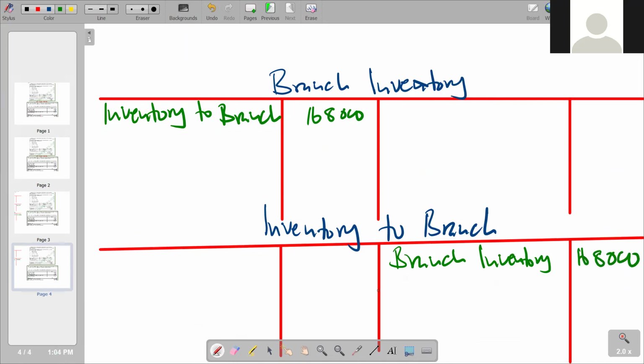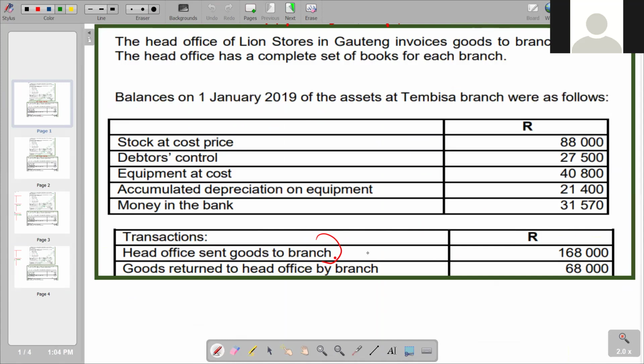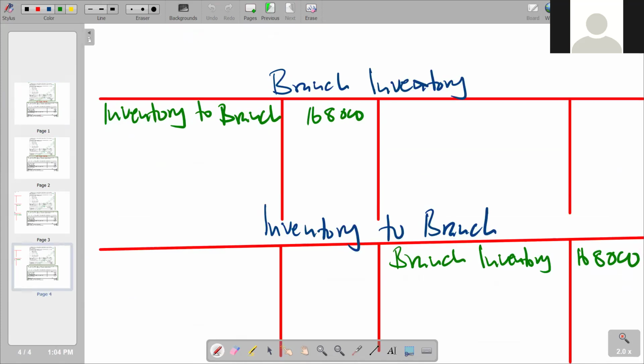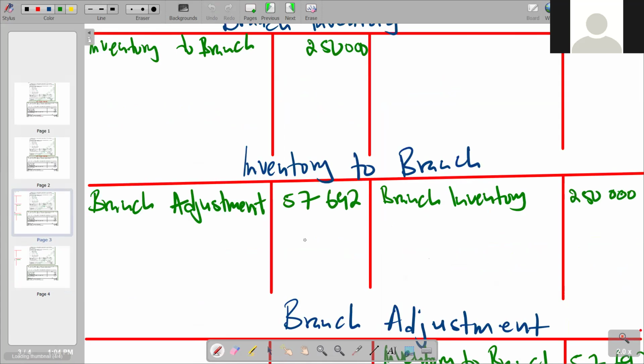So now the second part, whereby we are told that goods are returned to head office. You just do the same thing by doing the opposite, whereby when they are being returned to head office, it means they are moving from the branch to the head office. So you are going to credit our branch inventory, and then debit inventory to branch at cost, and then we leave it like that. But in this scenario, you first credit at sale price.